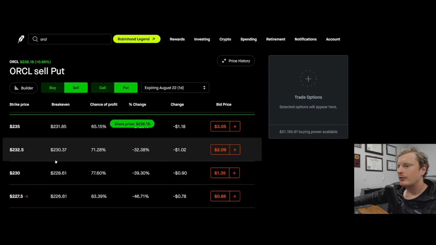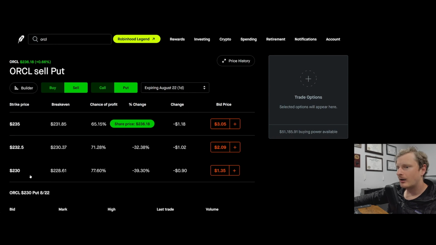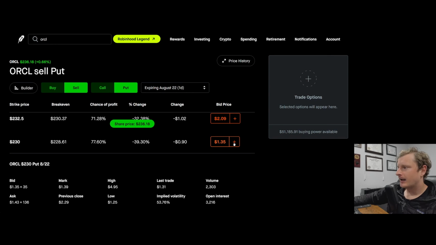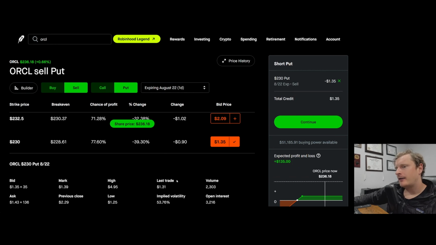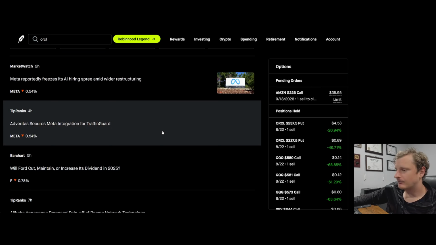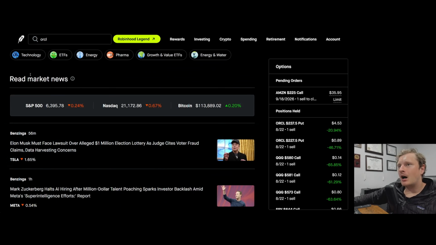For tomorrow, if Oracle is where it's at right now, I'll probably choose like a 230 strike price. Nice 0.26 delta. 0.26 delta means there's a 26% chance it's going to execute. So I'd bag in that $135. I might run this, and if I have some more event contracts on Friday, I might run some more on Friday. We'll see.